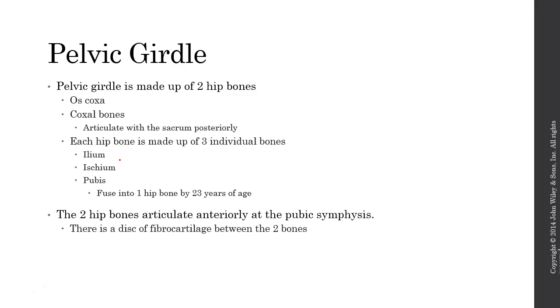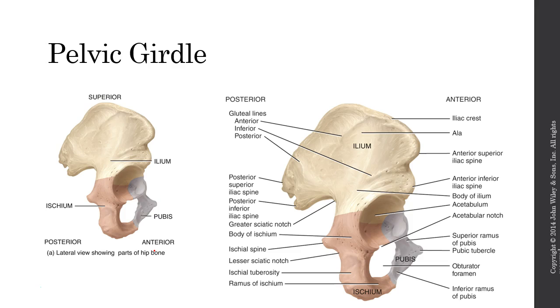Each hip bone is actually made of 3 individual bones that fuse together by around age 23. So we have the ilium, ischium, and pubis, and then we will see them articulating at the pubic symphysis at the anterior of the pelvic girdle.